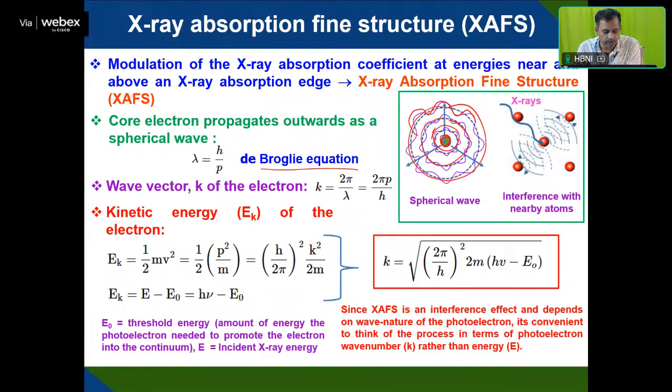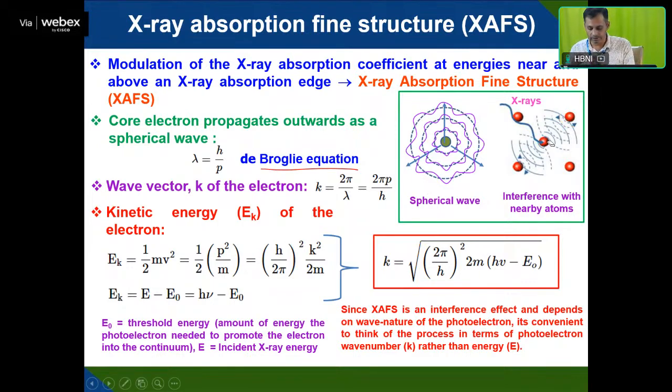As you know, this whole X-ray absorption fine structure spectroscopy is an interference effect. Say one electron is here, another electron is here, and different electrons are at different positions, and X-ray is coming and falling on them. The wave pattern generated from one electron will interfere with that from another electron, so there will be interference between two wave fronts.